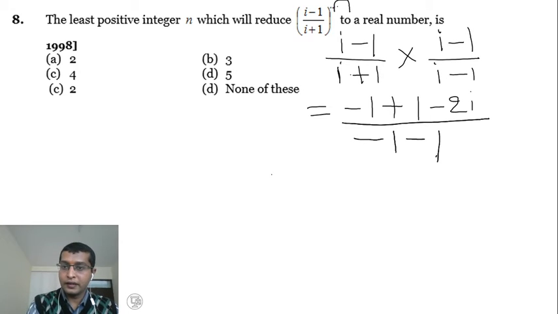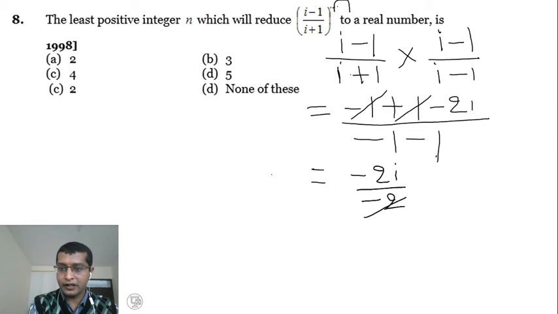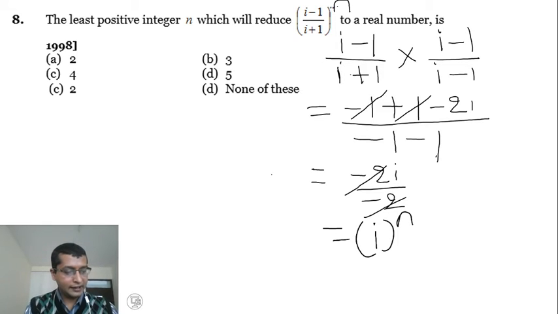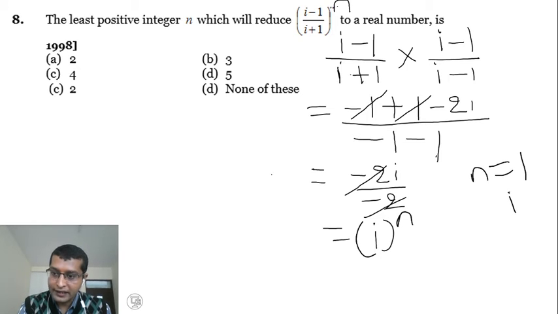Okay, so in the next step minus 1 plus 1 cancels, so we get minus 2i divided by minus 2; minus 2 cancels, we get i. So what we observe is that it is i raised to the power n. If we take n equal to 1, it becomes i raised to 1, we get a complex number i.